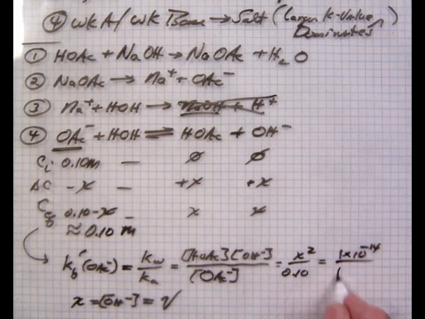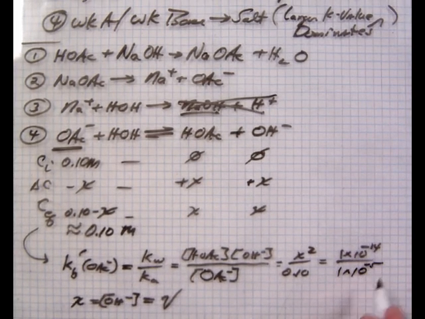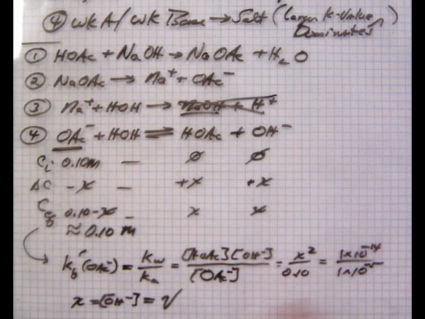For acetic acid, I'm going to simplify it, just say it's 1 times 10 to the minus 5. It's actually 1.8 times 10 to the minus 5, but you get my drift here. And so that is 10 to the minus 9 when you calculate it.